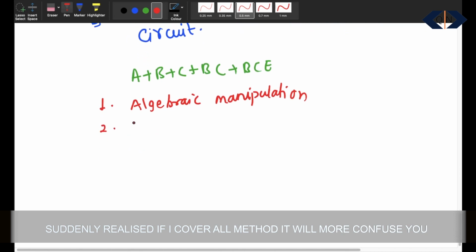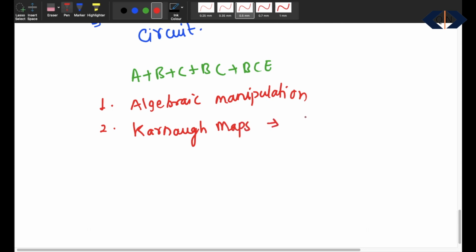The next method is Karnaugh map, popularly known as the K-map method. This method is popularly used. It is a very quick method.